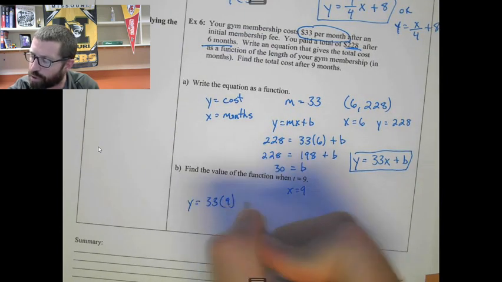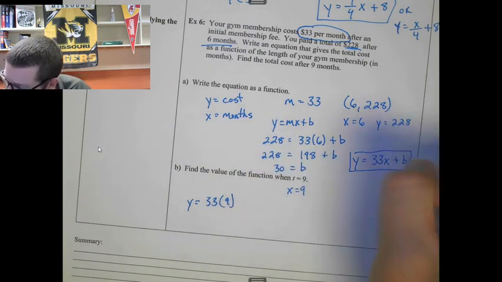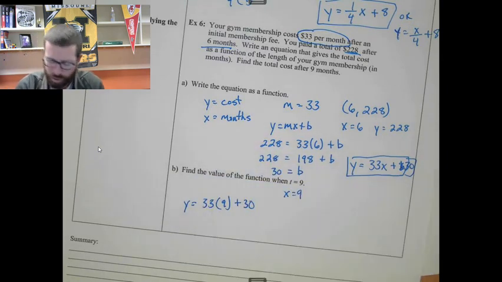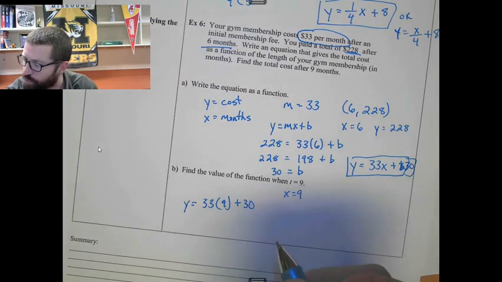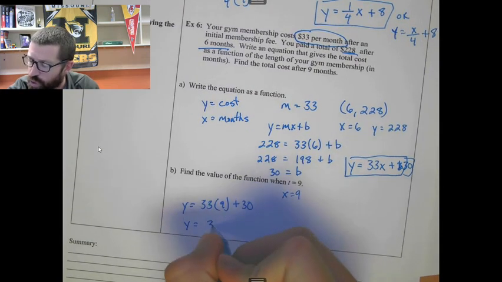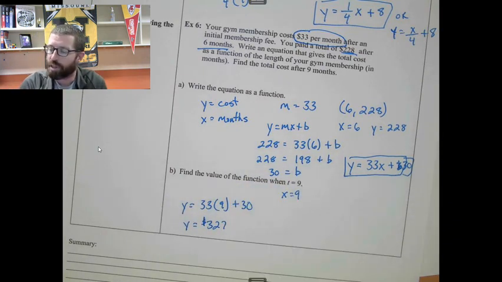Let's get this value first. 33, and then I wrote b again, plus 30 here. So that's 33 times 9 plus 30, 327. And that is the dollar amount you pay for 9 months.